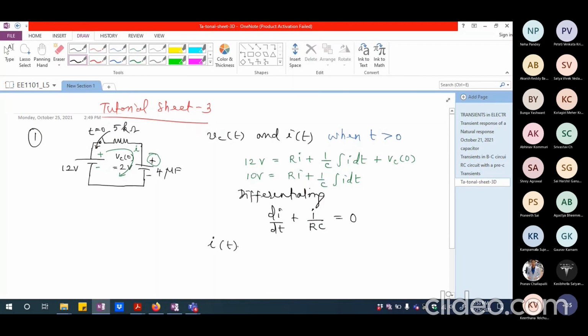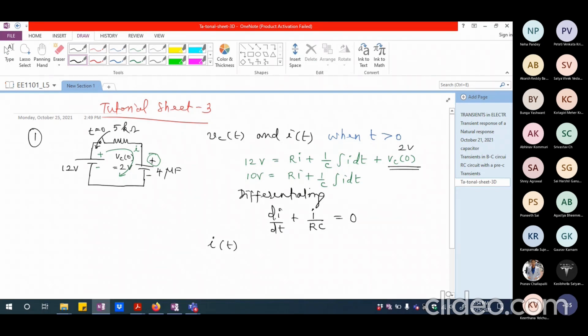How did you get the equation 10 volts is equal to Ri plus 1 by C? What is Vc(0)? It was 2 volts, so you just subtract that, right? Ma'am, why did we write Vc(0)?